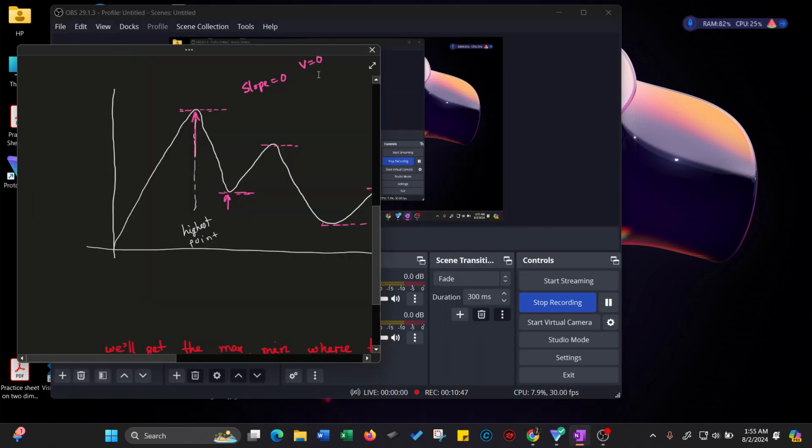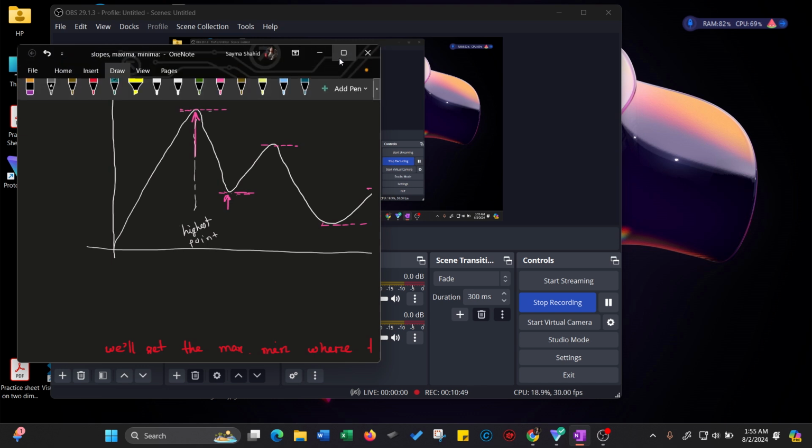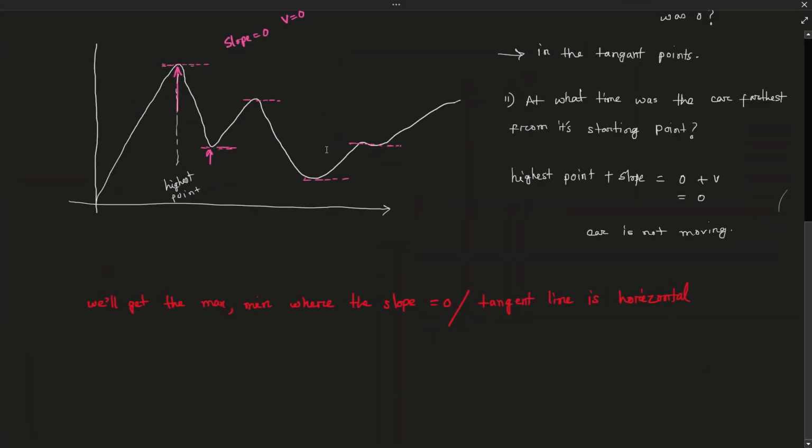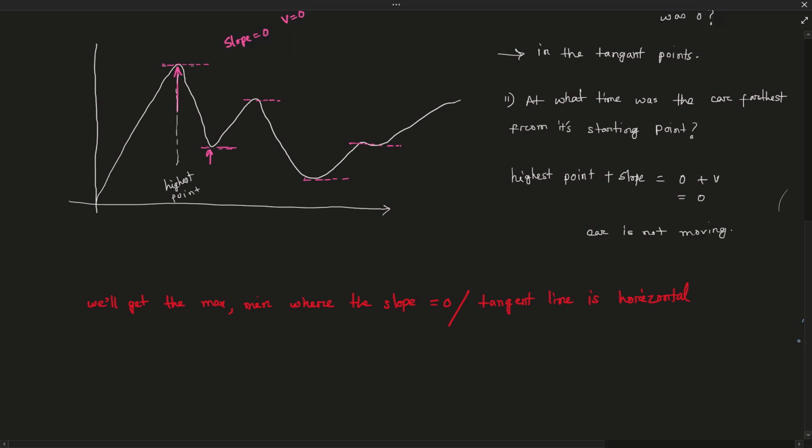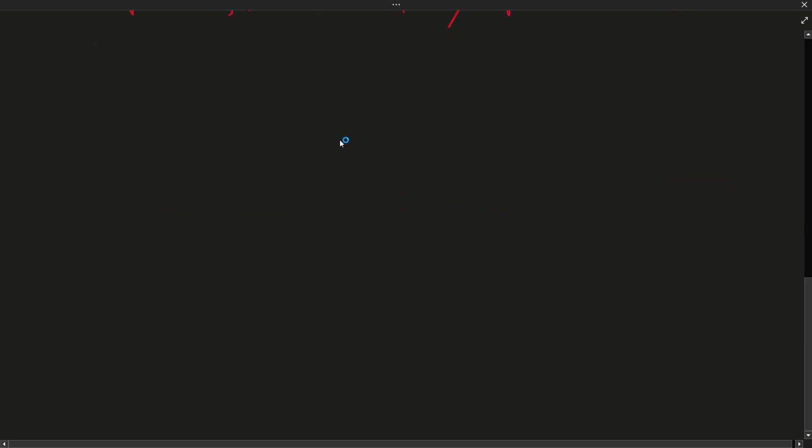Okay, so now we will look into derivative notation.